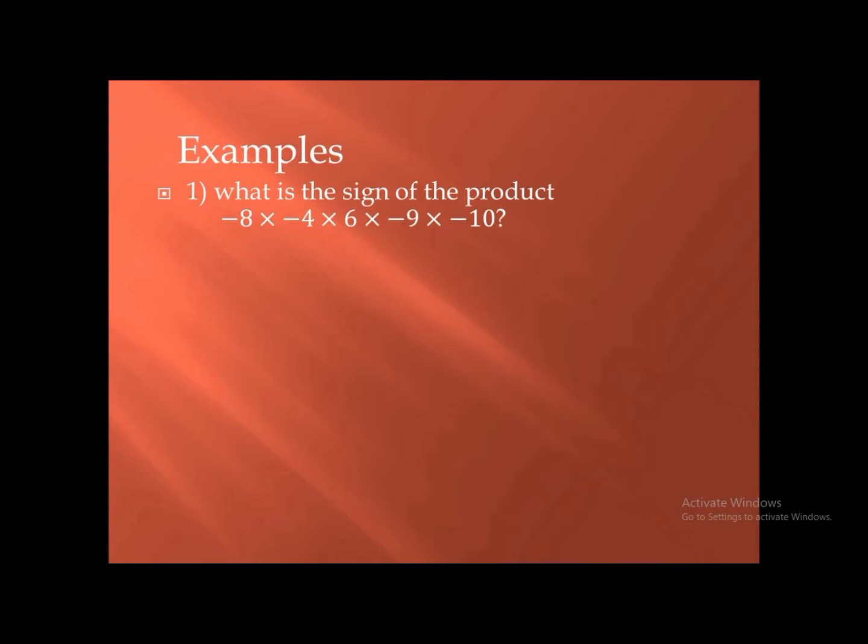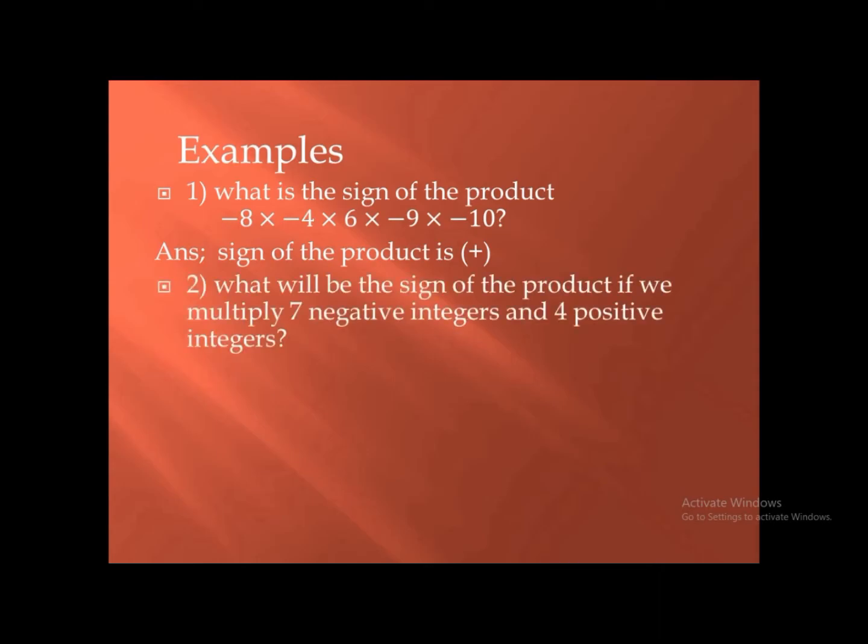Here you can see that there are 4 negative integers, so the sign of the product will be positive since 4 is even and there are an even number of negative integers in this product. So the sign of the product is positive. Second example, what will be the sign of the product if we multiply together 7 negative integers and 4 positive integers? 7 negative integers means an odd number of negative integers, so the product will be negative.